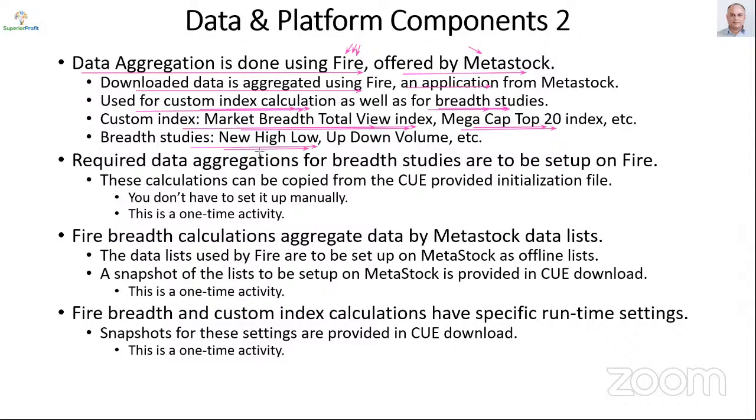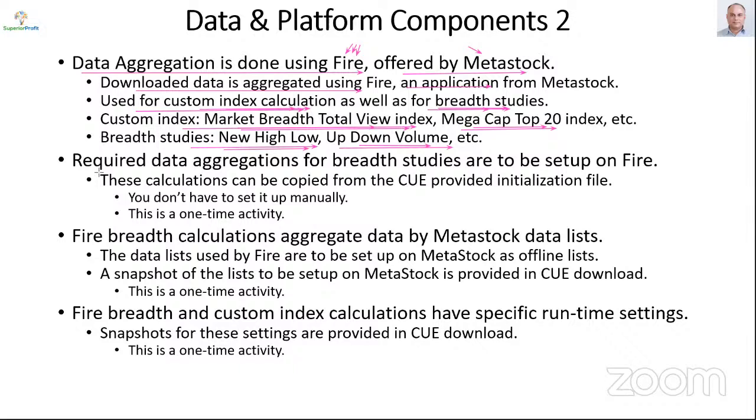And these data sets were the data sets that we downloaded using downloader earlier. So they aggregate across those data sets. Up-down volume is another example of breadth studies. These breadth studies and custom indices are used to plot the Q Global market breadth chart layouts. I'll come to the chart layouts later.